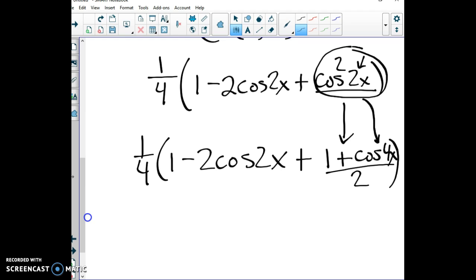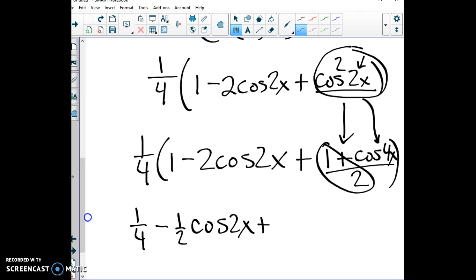We're going to distribute the 1/4. That's 1/4 times 1. 1/4 times 2 cosine 2x would give us 1/2 cosine 2x. This 1/2 we have right here, 1/4 of that would give us 1/8. This is also 1/2 cosine 4x, which would give us 1/8 cosine 4x.